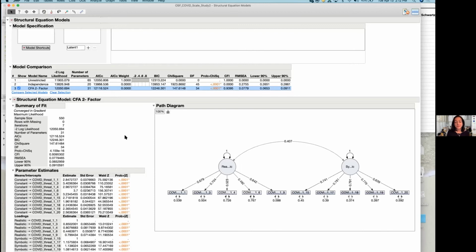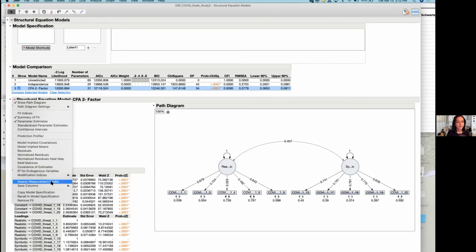There is a particular option in JMP that puts a lot of statistics together in one place that allow you to assess how good all of these questions are individually and how good these latent variables are as a whole. If you use other software, you're going to have to find those statistics in different separate places. But here, I have an option: assess measurement model.